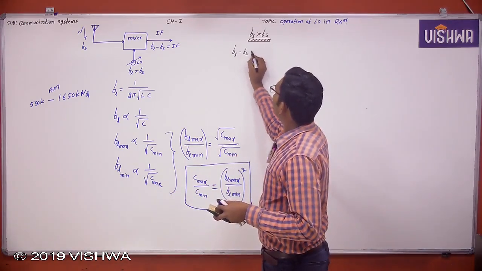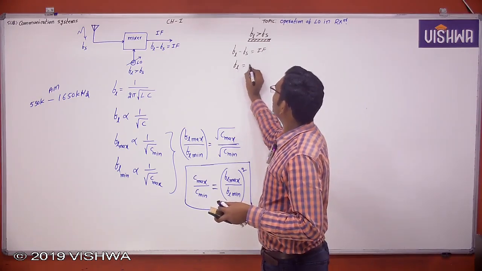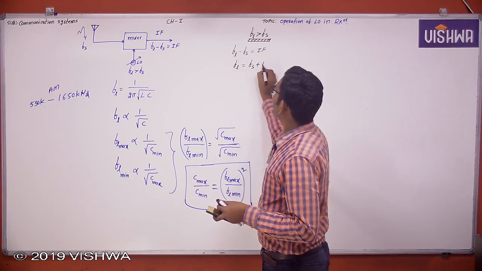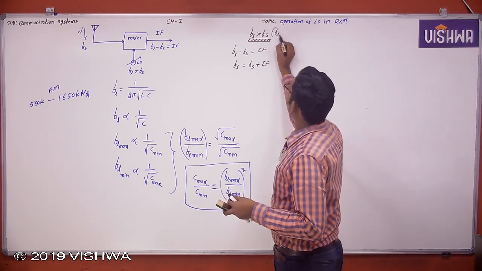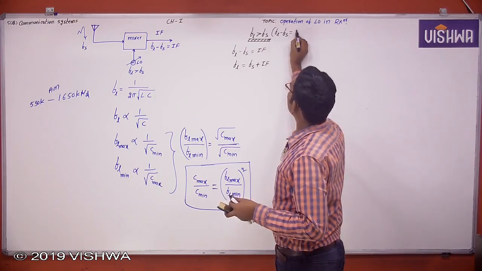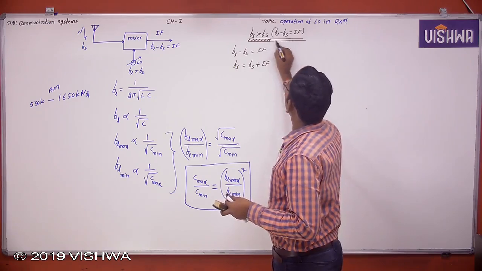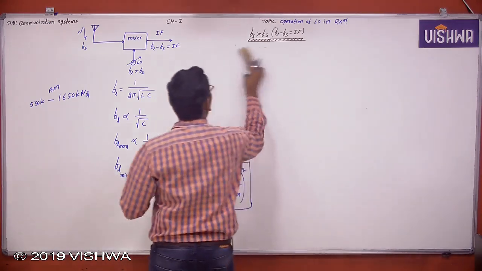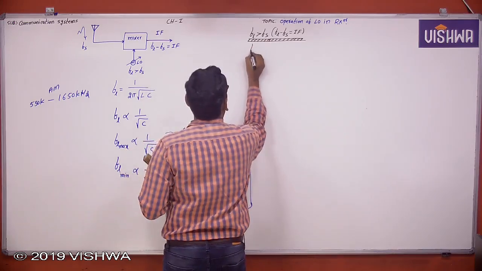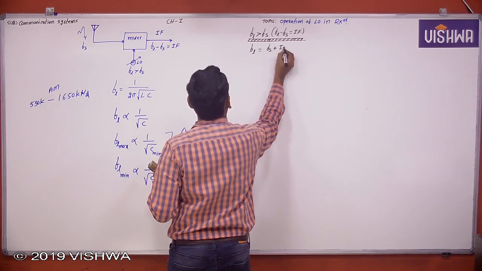Fl minus Fs is equal to IF. So here Fl is equal to Fs plus IF. This is the Fl greater than Fs case. So in this situation, Fl is equal to Fs plus IF.